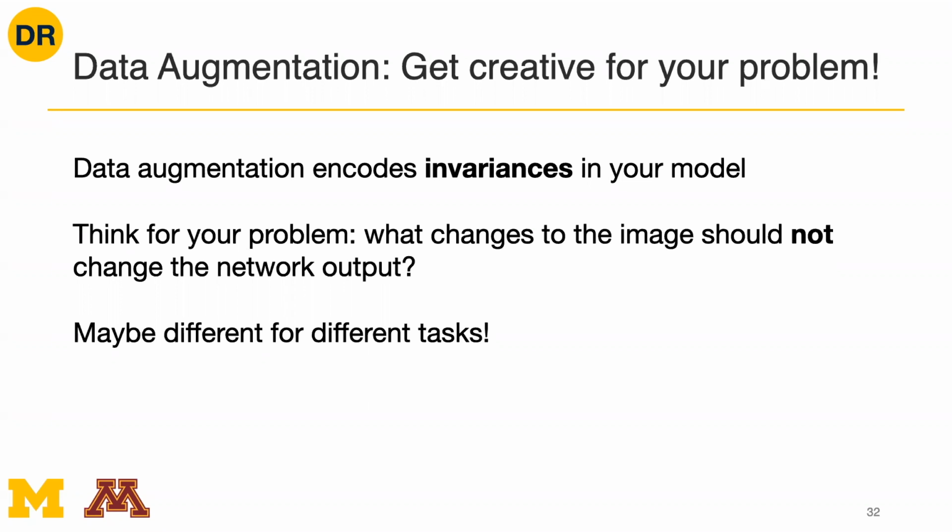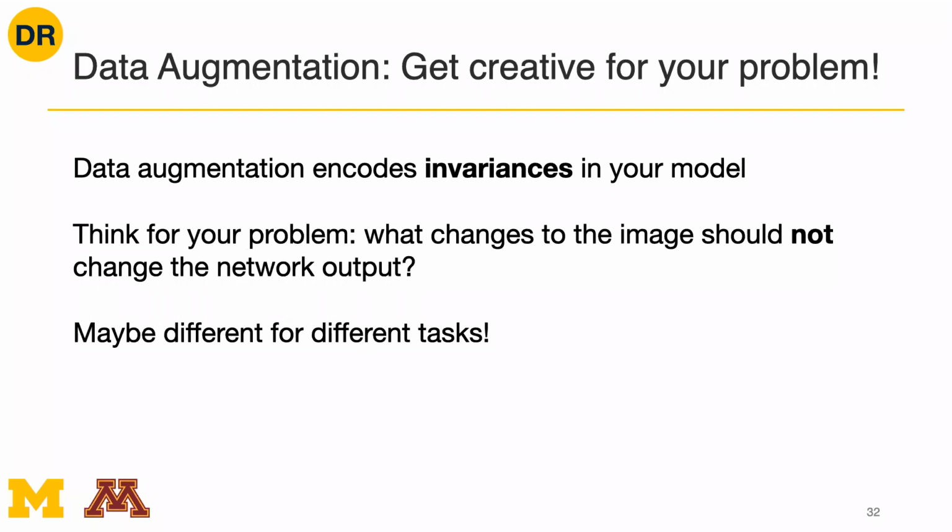You wouldn't see, let's say, a robot inverted, hanging from the roof. But that might not be the case for a water bottle. You might see the water bottle in various orientations. So depending on the domain and the task, you want to get creative about your data augmentation.